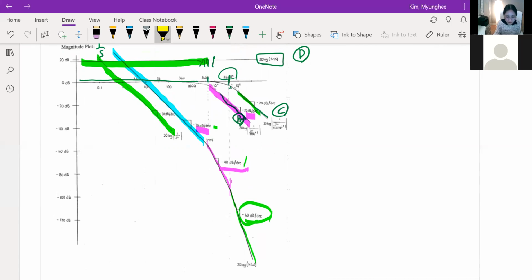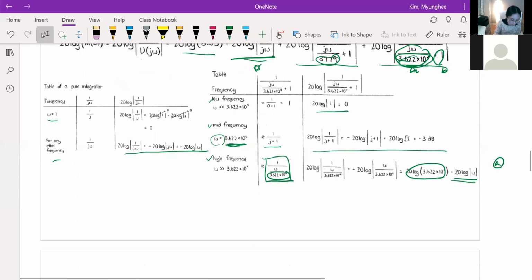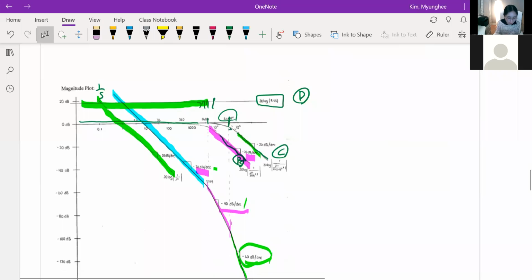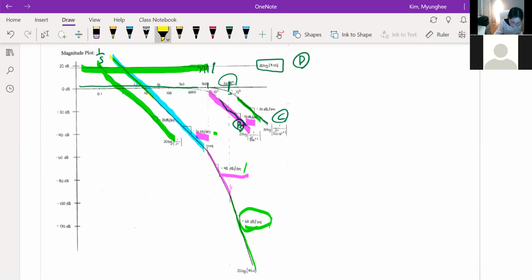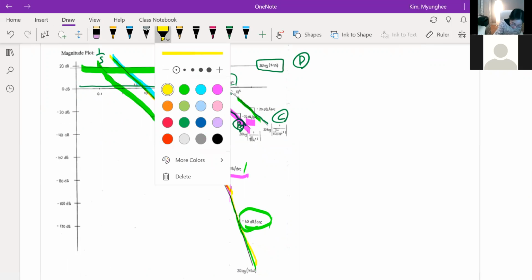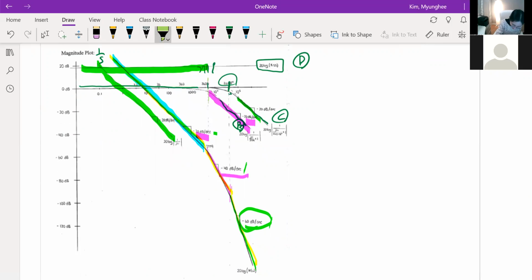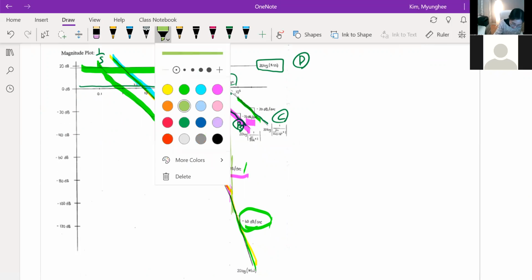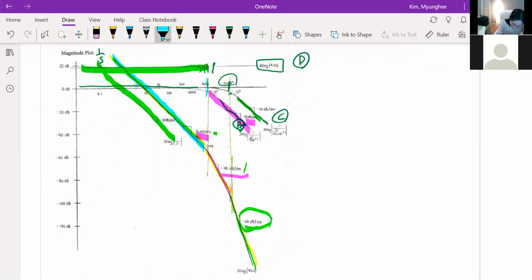Once you have this kind of table, you can plot the magnitude plot according to the table, and then add everything. Then you have something like this plot. The important part is the frequency where the slope is being changed. So in the exam, if it was asked, you should specify what this frequency is and what this slope is.